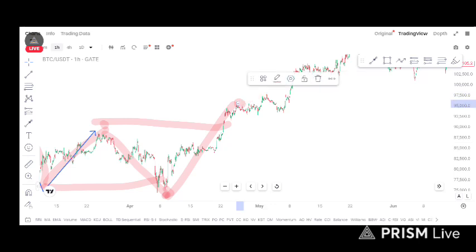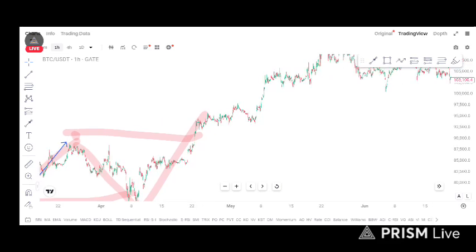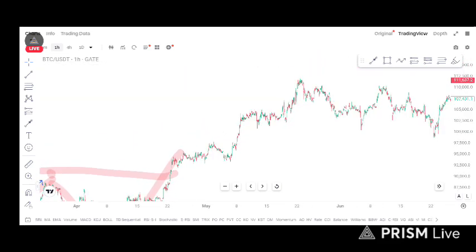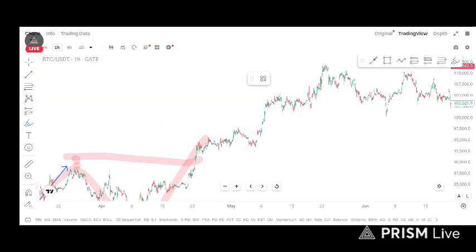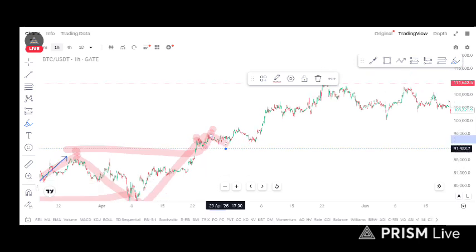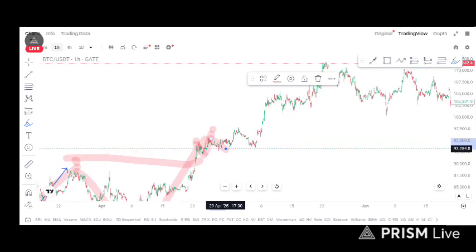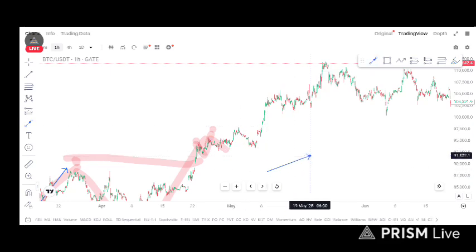So let's look at this closely so that we understand what is happening. Now this is a high, this is a low, this is a high, this is a high, this is a low. So now looking back at what we know before.